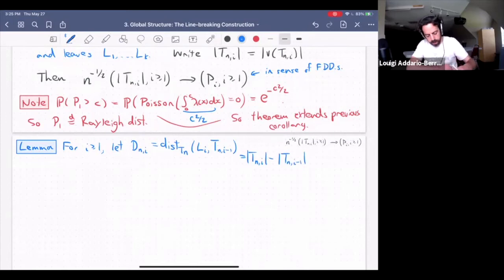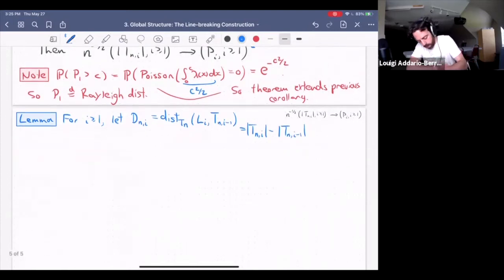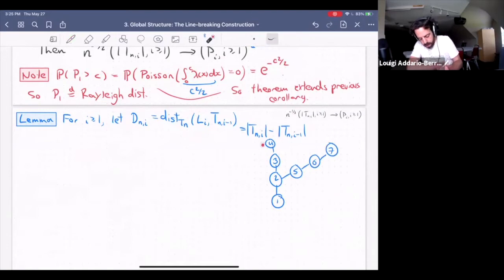So if this was the tree, then dn1 here is 3, the distance from this leaf to the root, which is the 0th tree.